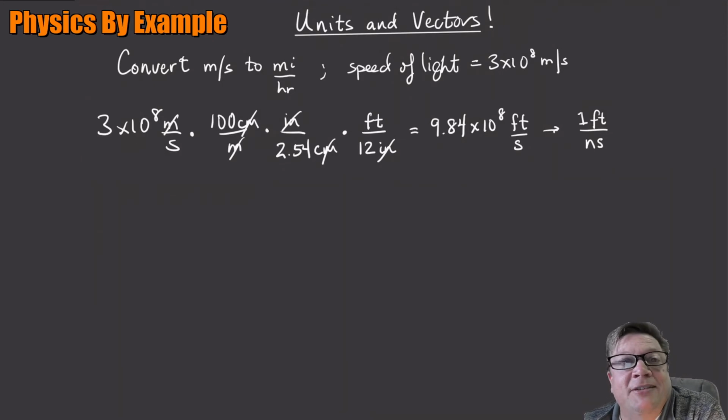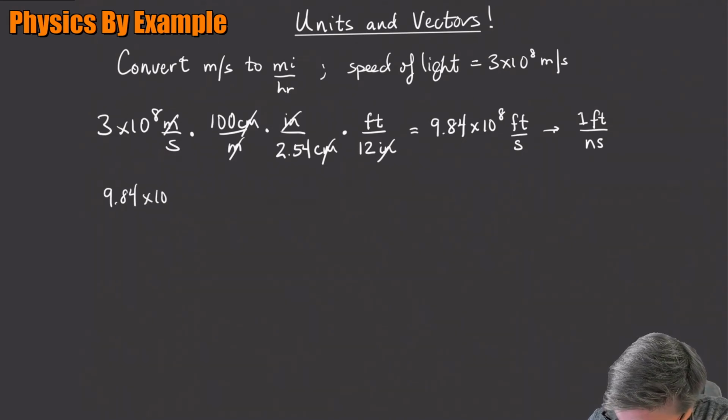A nanosecond is 10 to the minus 9 seconds. So keeping in mind that light goes a foot per nanosecond, every billionth of a second, light goes a foot. I don't know, it's kind of a neat thing. So if somebody is 10 feet away from you, then you're seeing them as they were about 10 nanoseconds ago. Anyway, cool.